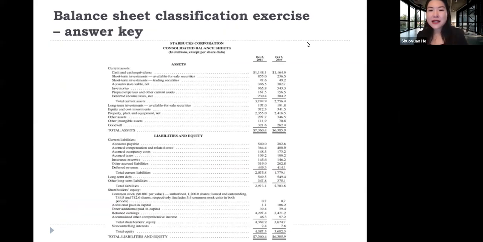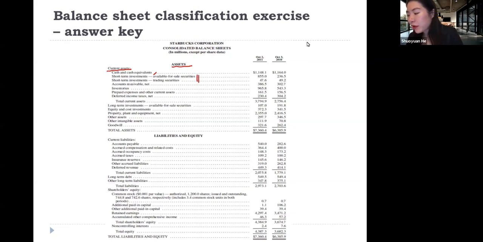So let's look at this balance sheet. This is actually an example taken from Starbucks' real balance sheet. As you can see here, we have assets and current assets first. Within current asset, we first have cash and cash equivalent, which is usually the most liquid asset of a firm. And then short-term investment.